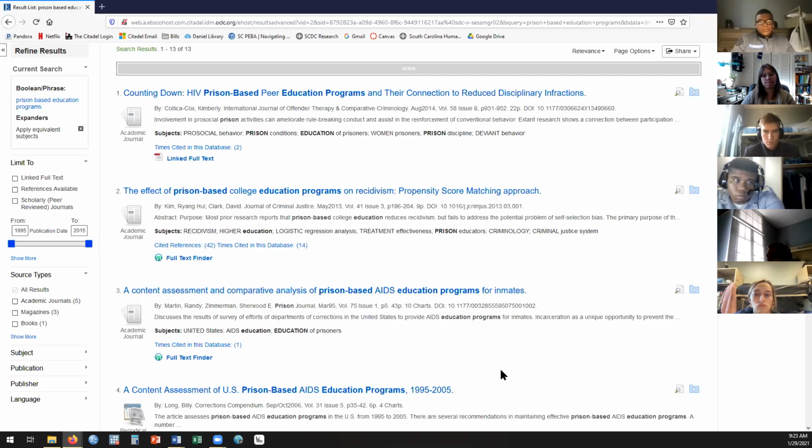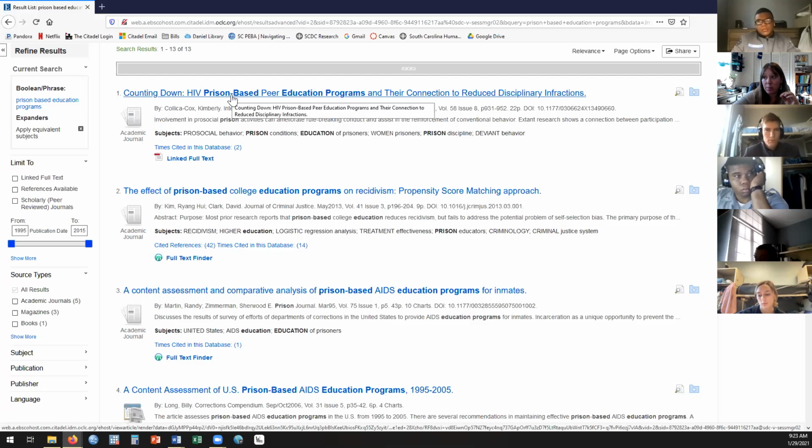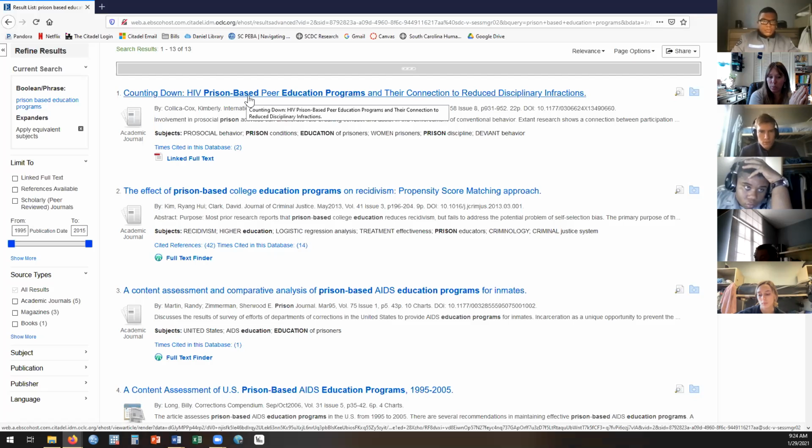Sam? It's talking about connection to reduced disciplinary infractions and not recidivism. Right. You're right. So it would be better if we could focus on recidivism. But if we couldn't find 5 studies on that, this is still testing the effectiveness, right? It's just that the effectiveness is on disciplinary infractions. So this is prison misconduct, right? The other small issue with this is that it's an HIV prison-based peer education program. So technically it is an education program, but we're starting to see that independent variable stray a little bit away from the rest.